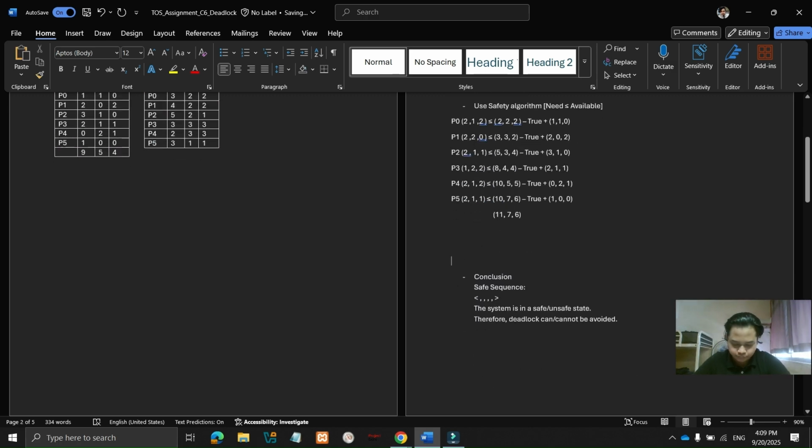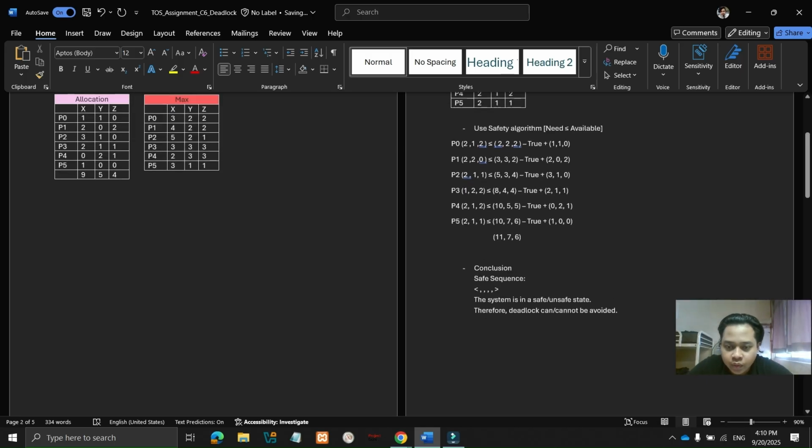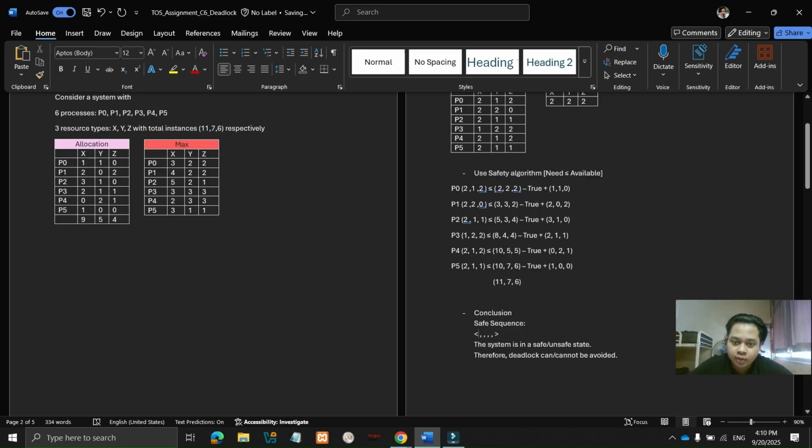So before we conclude the safe state, we arrange the processes. So the processes are not in the same order for this question, but for other questions it can be a different order.